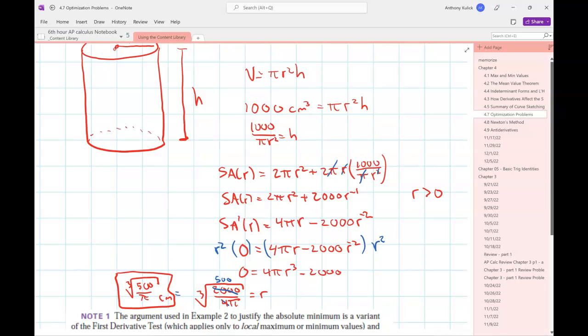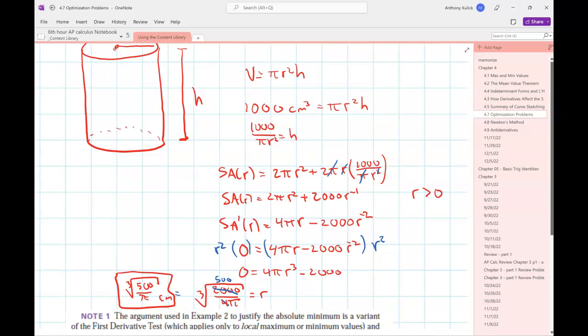How do I know that's a minimum? Because there's an endless upper bound, and think about it, as you make a bigger radius and a smaller height, you're not going to be decreasing surface area, you're going to be increasing. It's a very nice geometric argument.